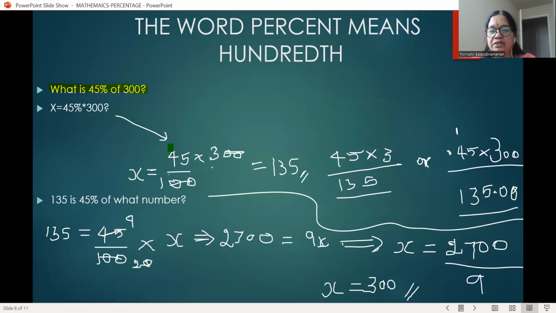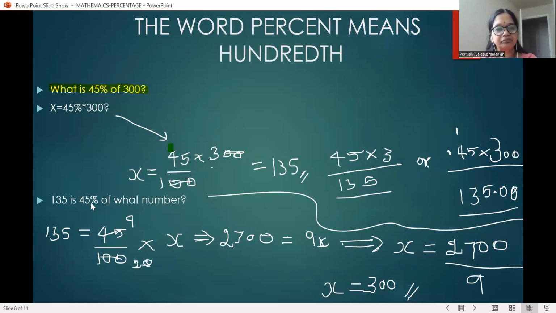Another way, you can calculate 0.45 into 300, and you will get 135. You can also calculate in your mind: 45 percent of 100 is 45, for 200 it will be 90, and for 300 you add 90 plus 45, and you get 135.